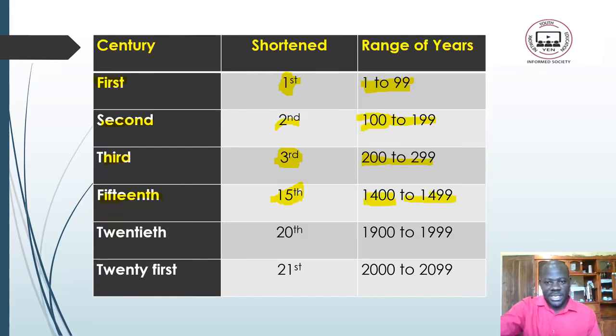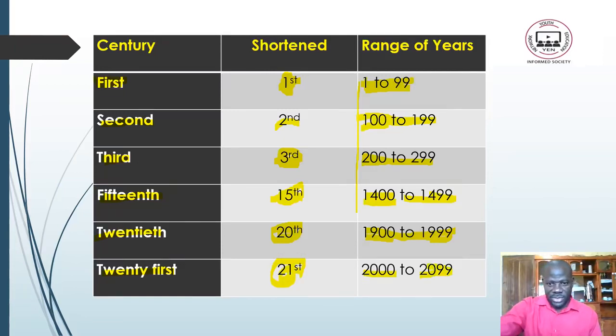You should observe the sequence, how these things move. The 20th century is written like 20 with TH, and the years are 1900 to 1999. The 21st century is written like 21 with ST, and those years are 2000 to 2099.